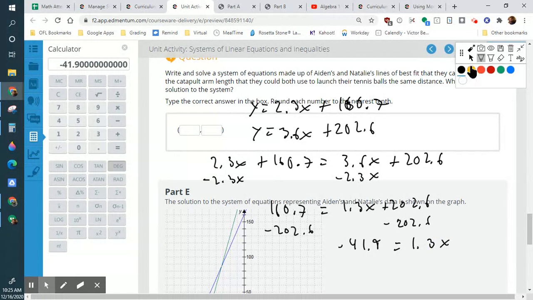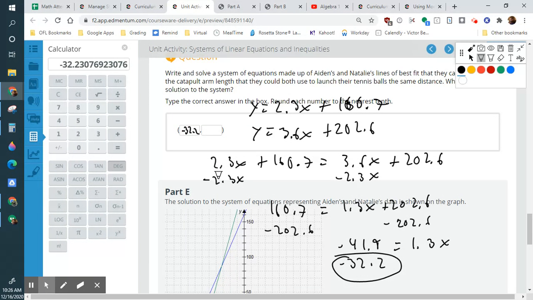So we're going to divide that by 1.3. And you get negative 32.2. So now we have our x value. So that's going to go right here, negative 32.2.